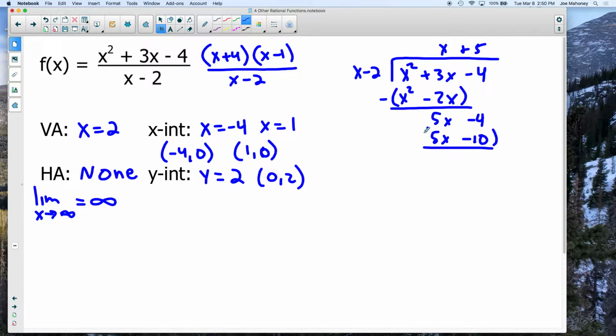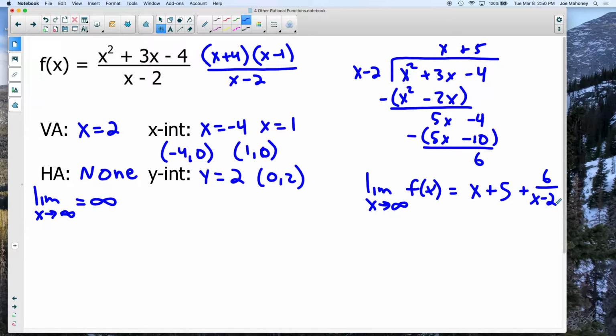When I do my subtraction, I'm going to get a positive 6 as my answer. So really, when we go off to infinity, the limit as x approaches infinity of our function becomes x plus 5, and there's a remainder of 6.